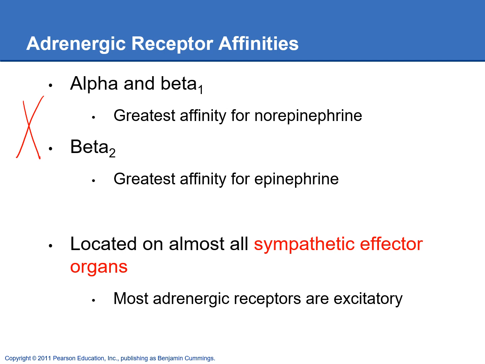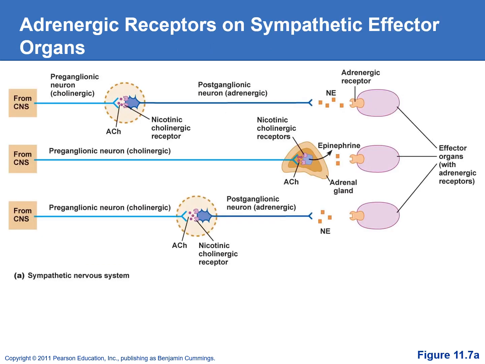But on the sympathetic effector organs, we're going to find the adrenergic receptors. And most of the adrenergic receptors will be excitatory, although there are a few that are inhibitory. And then we'll draw a picture of this, but you can see on the target organs for the sympathetic nervous system, we have these adrenergic receptors here.